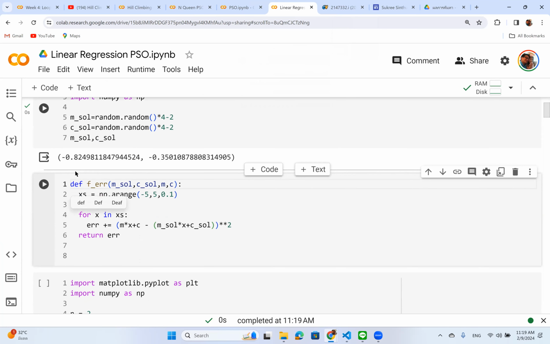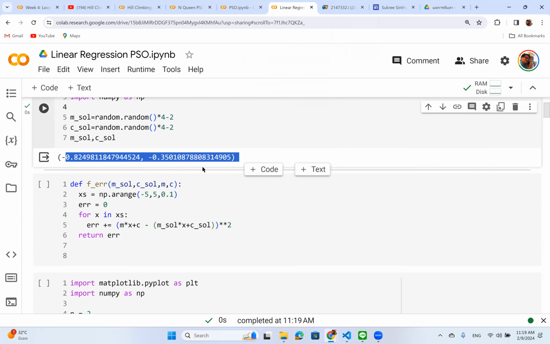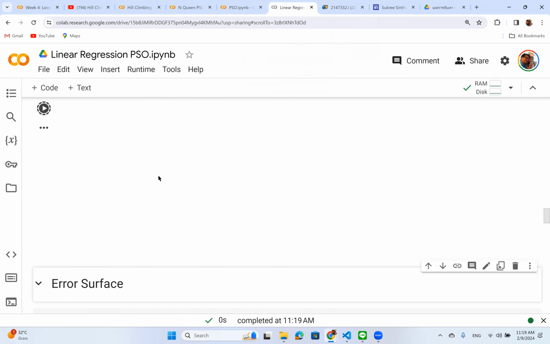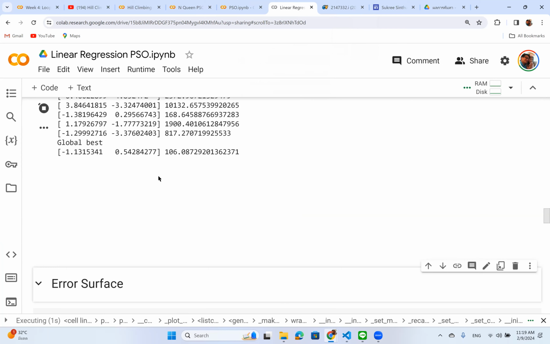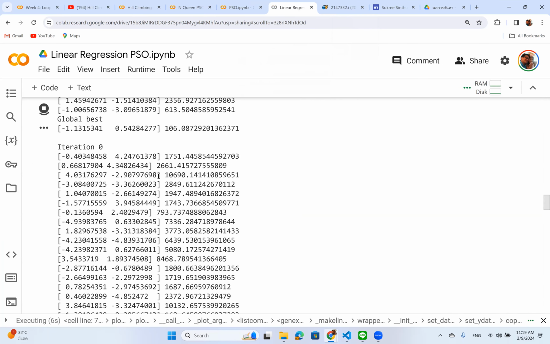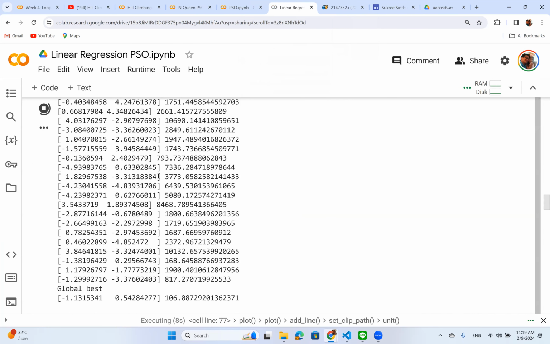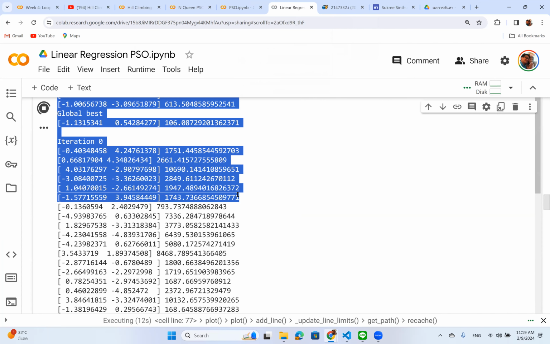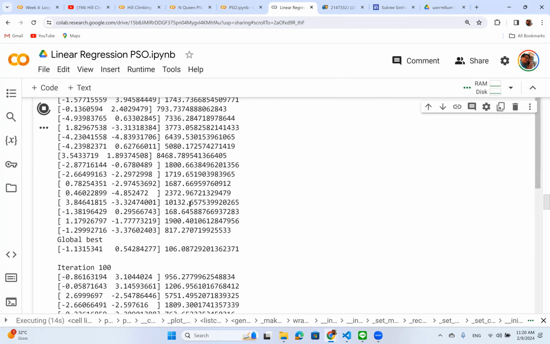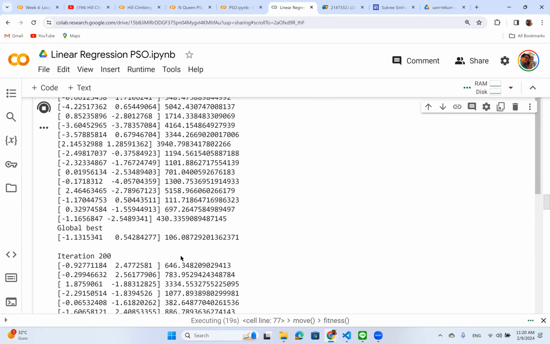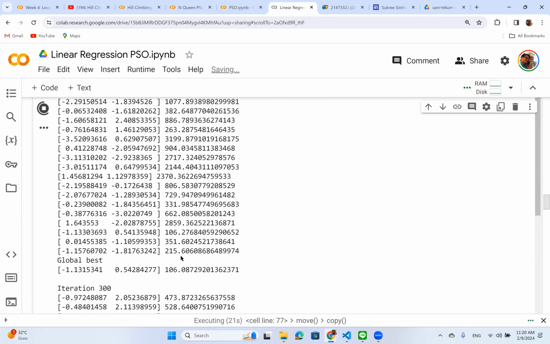Okay, our MSO and CSO is here. This one, so you can see that each bee got very high error here. At the first iterations, the global base is very high.